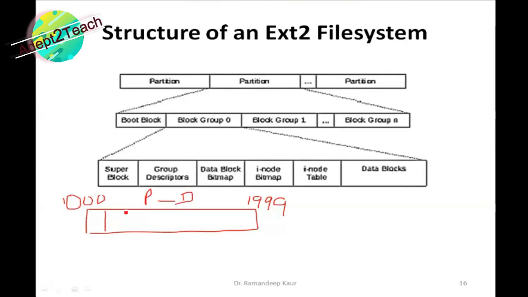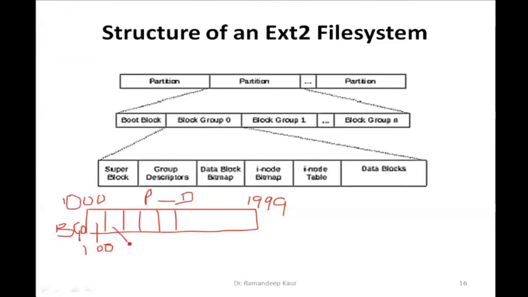Here I have different groups that I have created, and every group is of size 100. So this is called my block group 0. This will be my block group 1, block group 2 and block group 3. Now every block group will in turn comprise this entire structure.